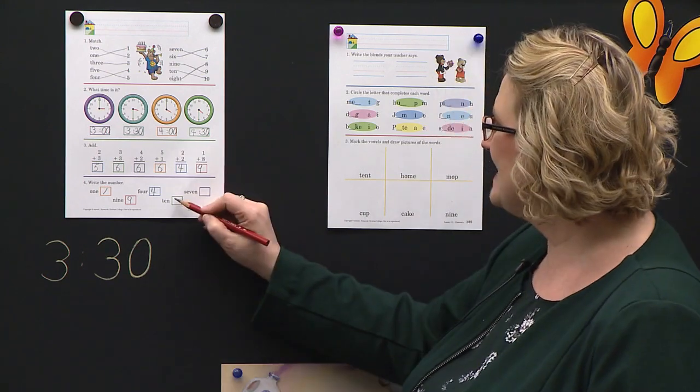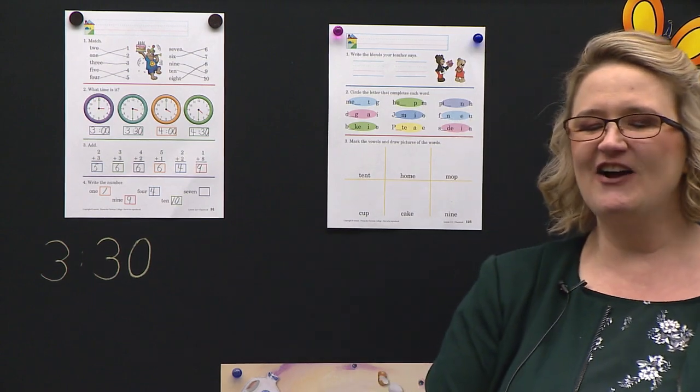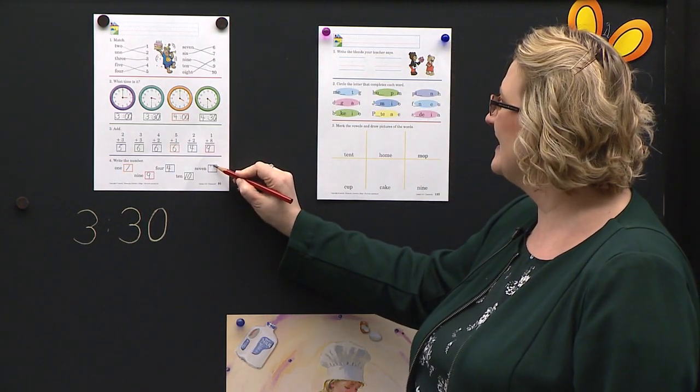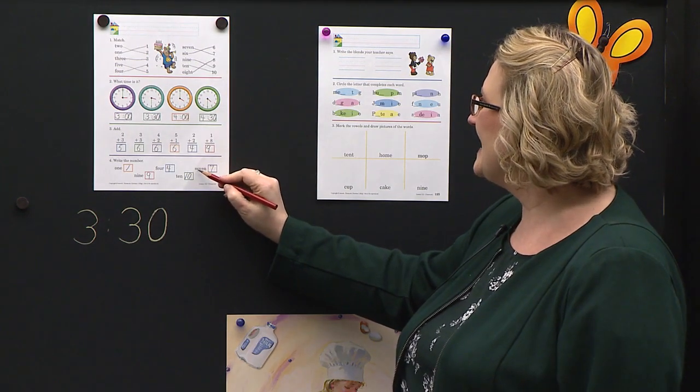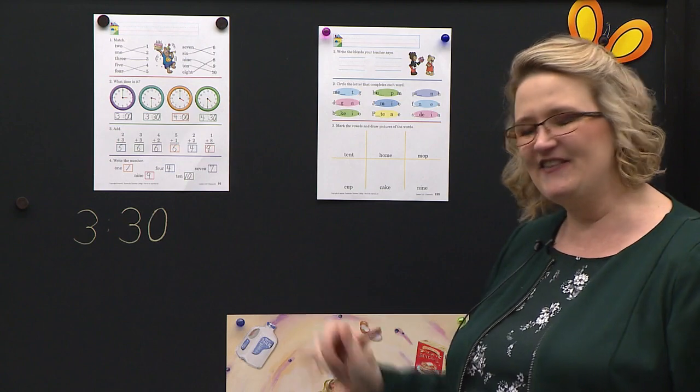Good. It is 10. A 1 in the front and a 0 in the back. Do the last one on your own. What did you write, Kylie? 7. Let's say 7. Begin. 7. S-E-V-E-N, 7. You did fantastic with that.